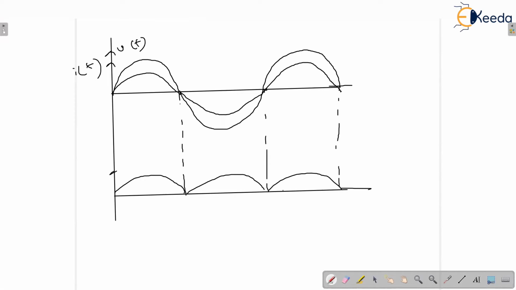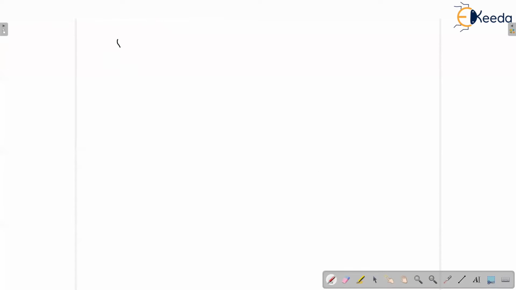This is the power signal. The meaning of it is P average is equal to VI cos phi. V of t is equal to Vm sin omega t, I of t is equal to Im sin omega t.